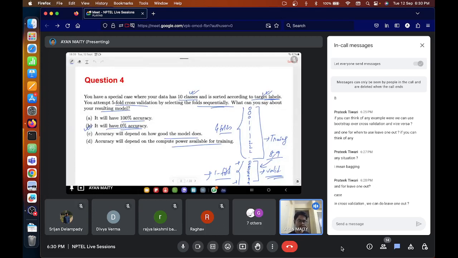So we are leaving one fold out just for validation and training on the other k minus 1 folds. We test only on the left-out fold, and we train on the other k minus 1 folds.